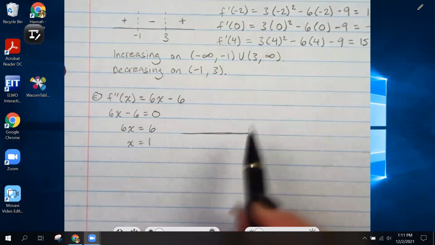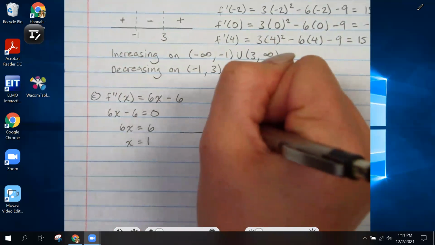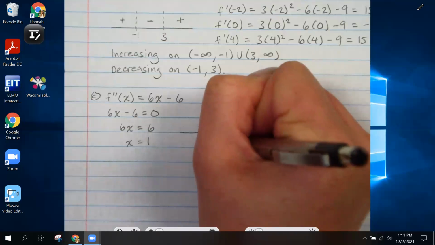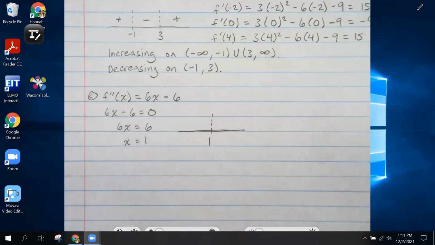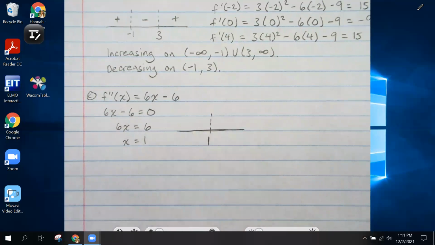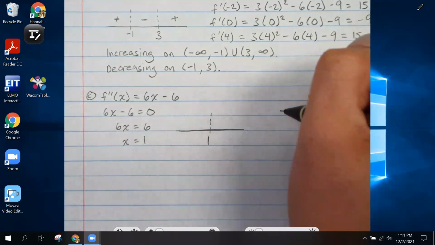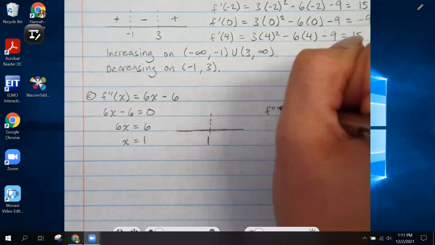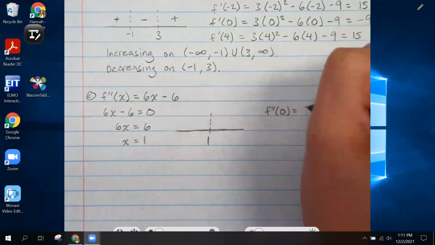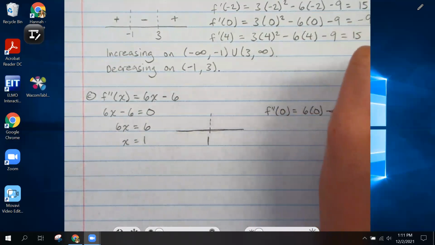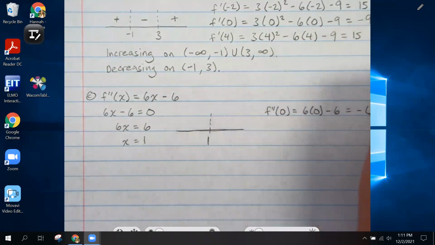So again, we're using a number line. We need to test a number less than 1 and a number greater than 1 in the second derivative. So I'll try 0. 6 times 0 minus 6 is negative 6.